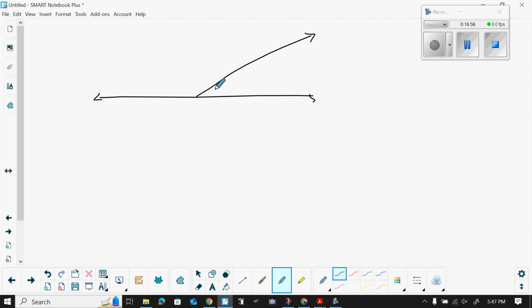So if I told you that this side over here was 6x and this side over here was 12x plus 8, and I said solve for x, again, you would know partials make the whole. I know that these two angles together equal 180. That means I can take this 12x plus 8, and I can take this 6x, the two partial amounts, add them together, and they will equal the total amount.